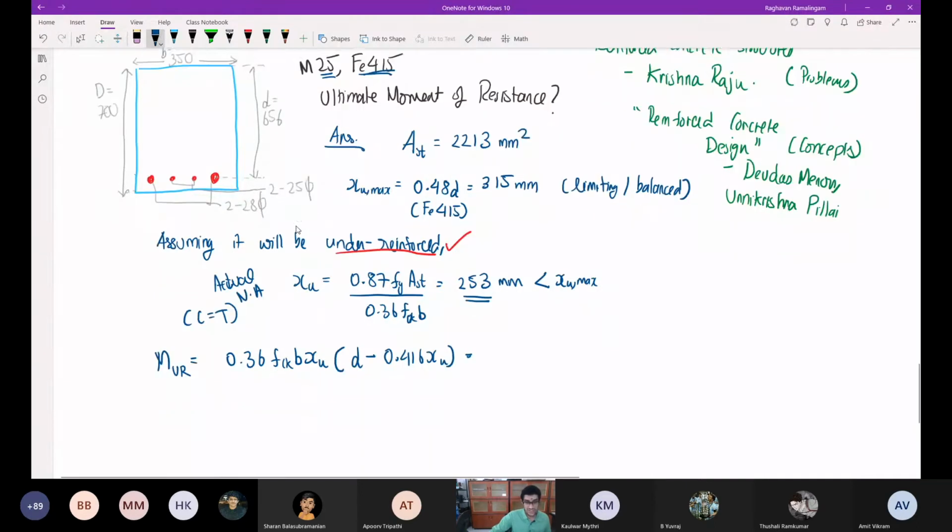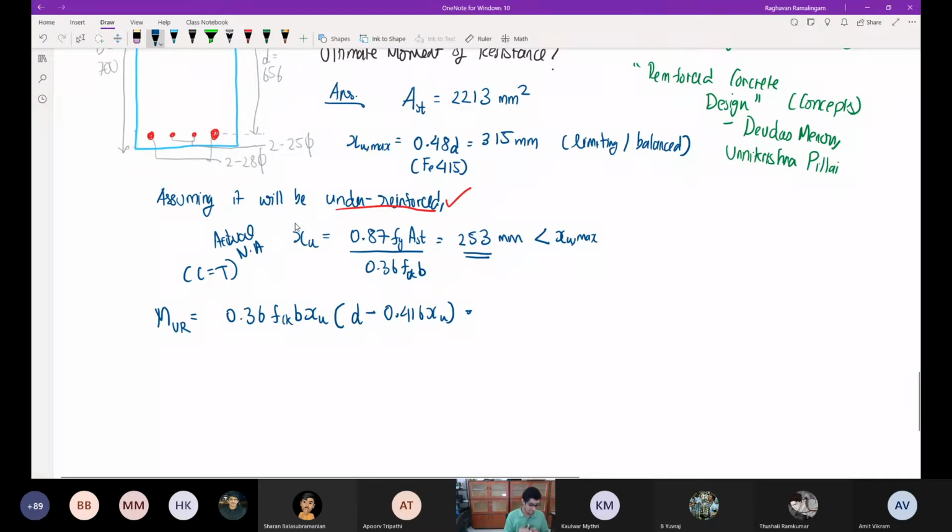Since this is under reinforced, you can use either this formula, or you can also use the formula given by steel. Alternately you can also use 0.87 fy Ast into d minus... So either of these is allowed.